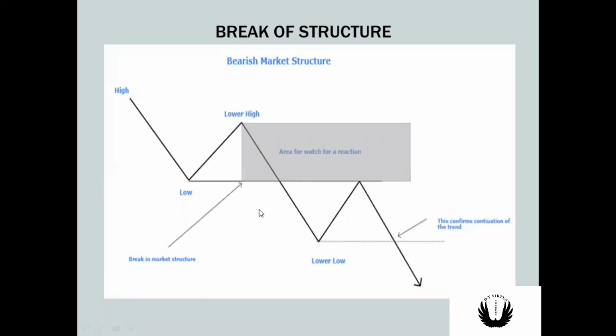For this bearish market structure, the main move is creating lower lows, lower lows. So when the market creates a lower high, we expect it to break the lower low to create another lower low. So that is what we call a break in structure.